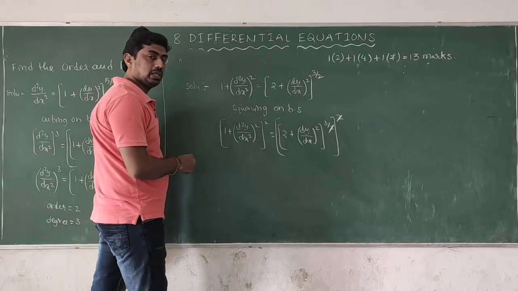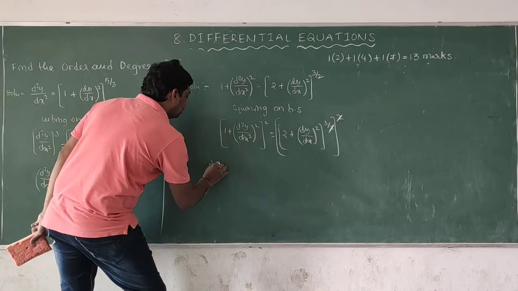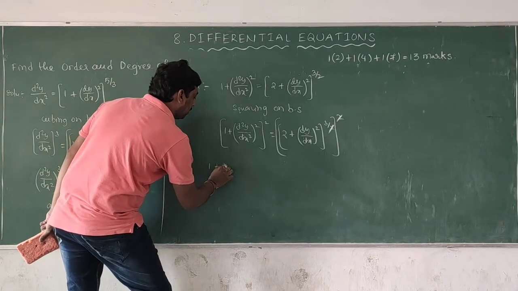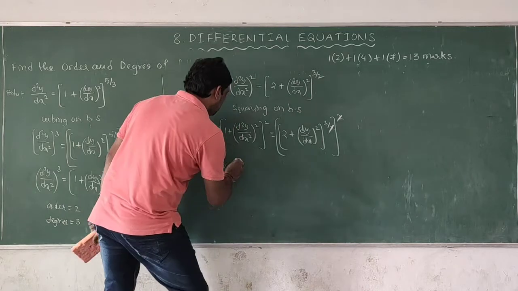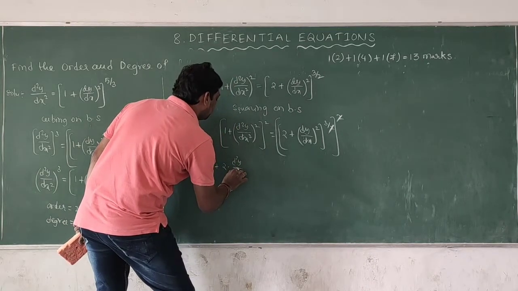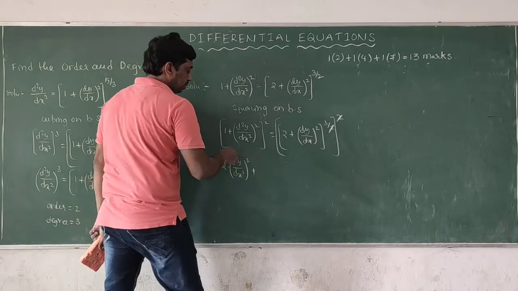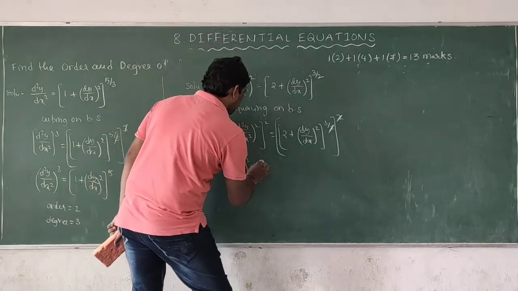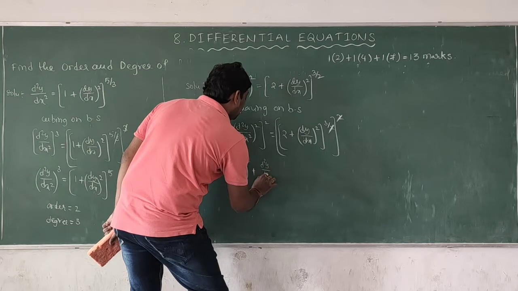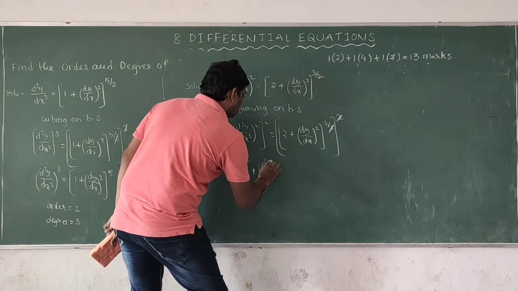This is in the form (a + b)², so a² is 1², plus 2ab, that is 2 into 1 into d²y/dx², plus b², that is (d²y/dx²)².